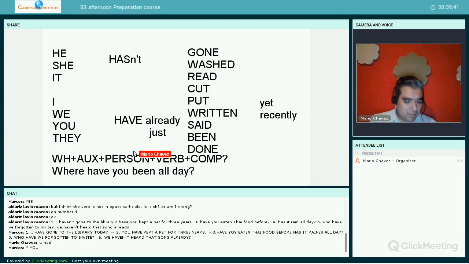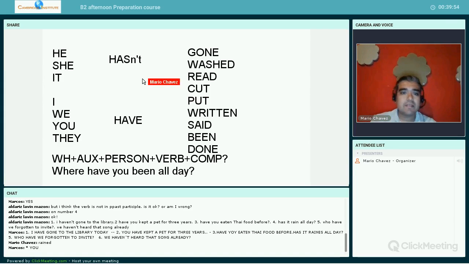So this is about the present perfect. And what about the present perfect continuous? When we talk about present perfect continuous, we talk about activities that started in the past and continue to the present.